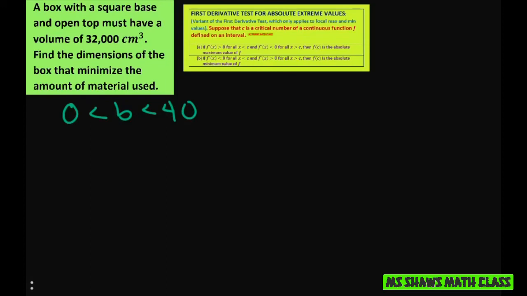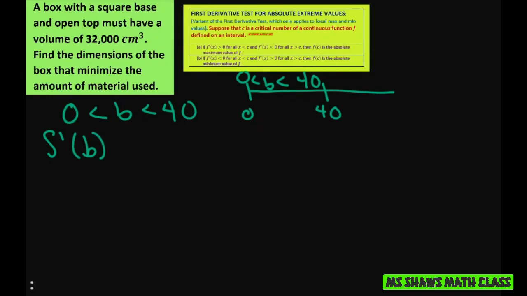So basically we're saying, what happens when B is less than 40? But we have to start at 0. Well, if you plug in a number into our derivative for S prime of B, you're going to get a negative number. So this is going to be negative.